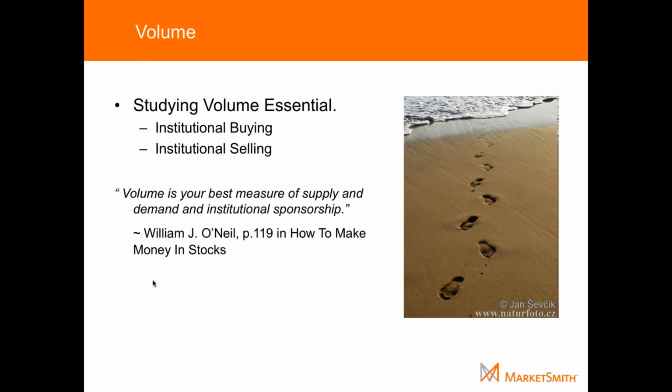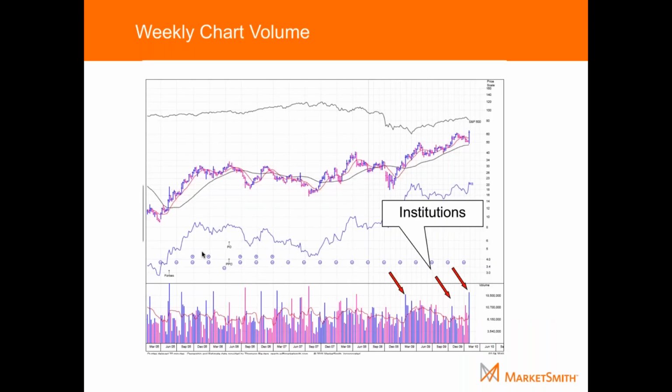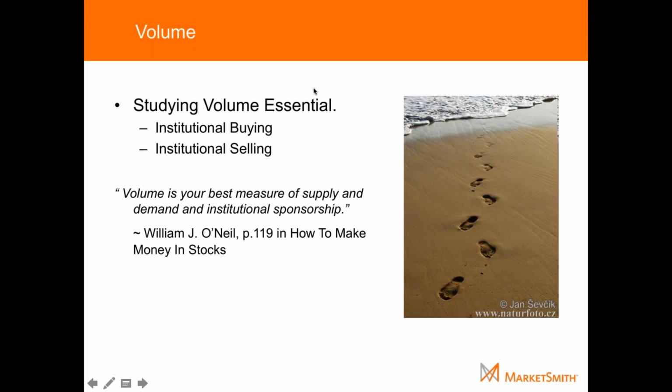So they're really going to be the ones dictating the price action in these stocks. They're going to be finding the best companies and putting money to work. It's our job to identify that volume coming in and take advantage of it.